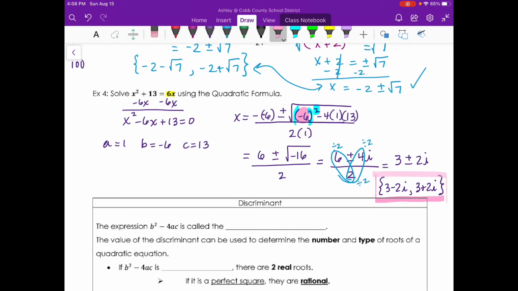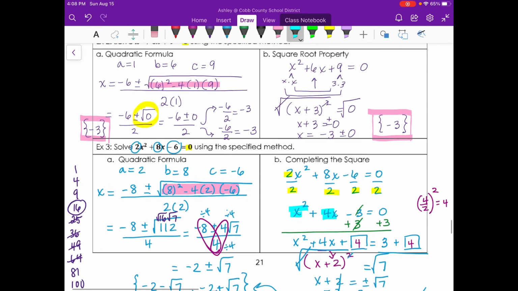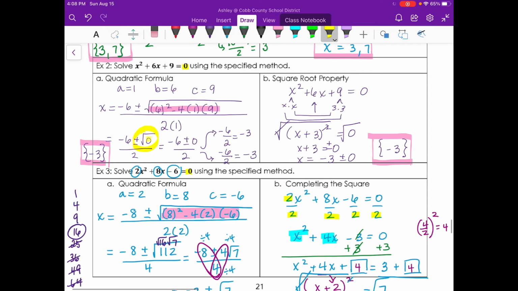So you can see we've had a few different outcomes in these examples. If we had a negative underneath the radical, we ended up with imaginary solutions. And if we had a 0 underneath the radical, we ended up with one unique solution.